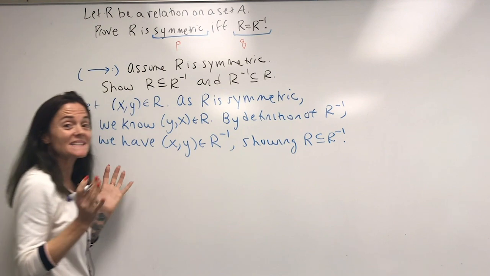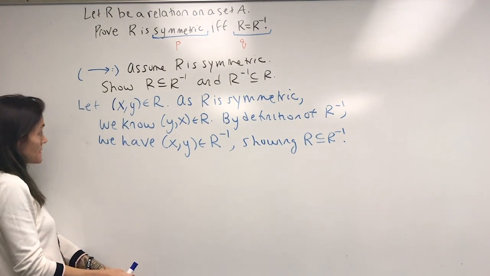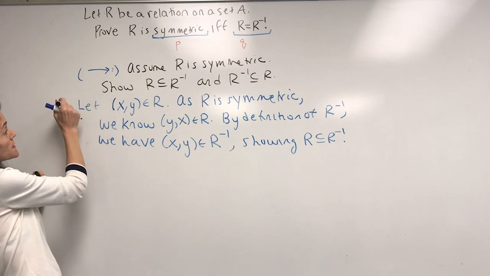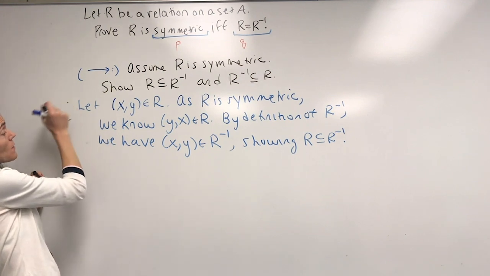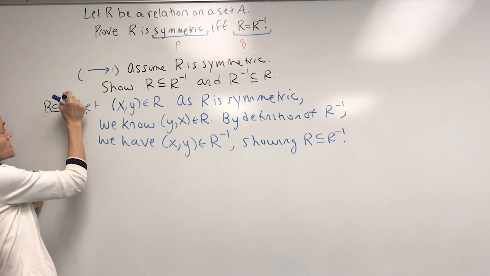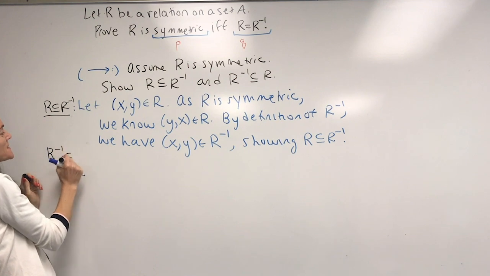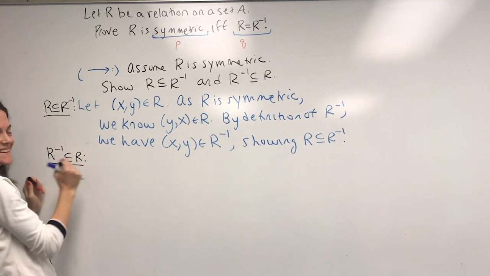So we have one direction, and now this direction was R subset of R inverse, and then we need R inverse subset of R here.